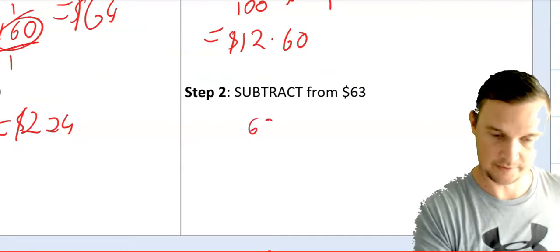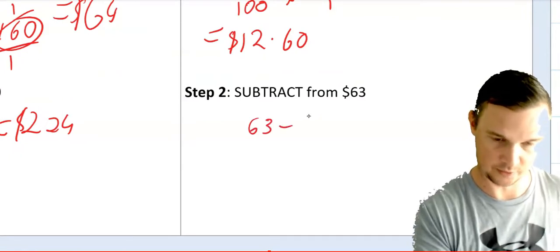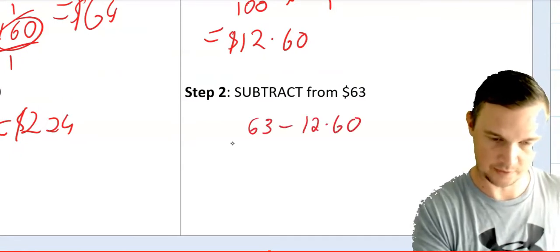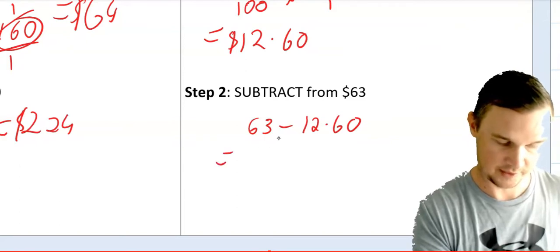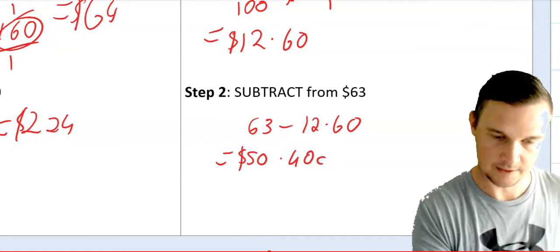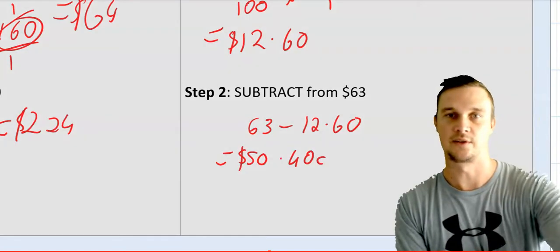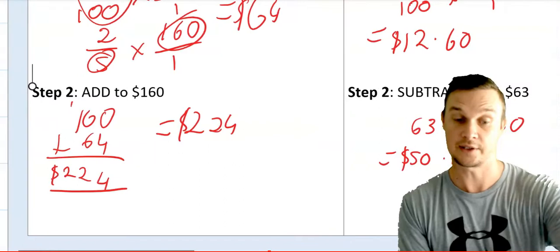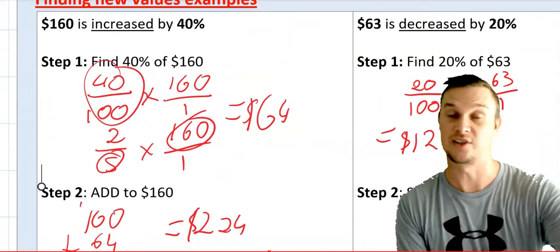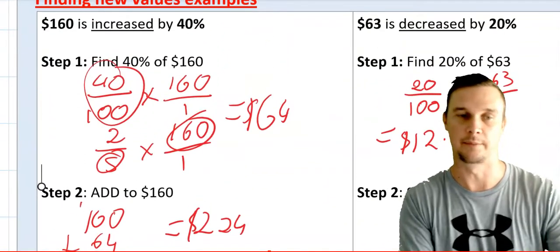So I have 63 minus $12.60, and that will give me the answer of $50.40. Again, the process is you find the percentage first, and then you either add or subtract it from the original number.